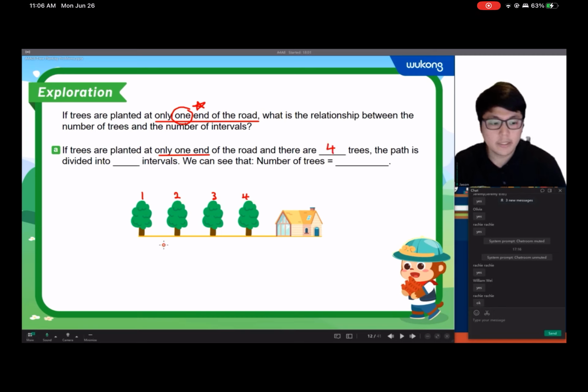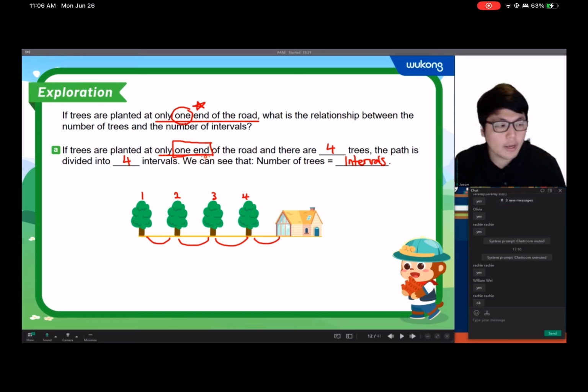But how many intervals? 1, 2, 3, 4. Oh! So number of trees is going to be the same as number of intervals, guys. But when? It's only possible when it's only planted at one end.